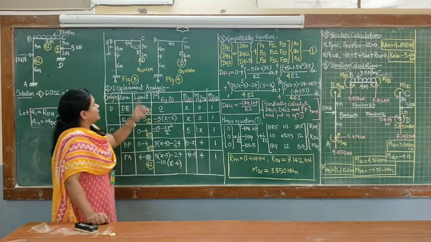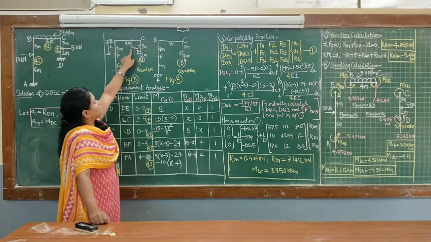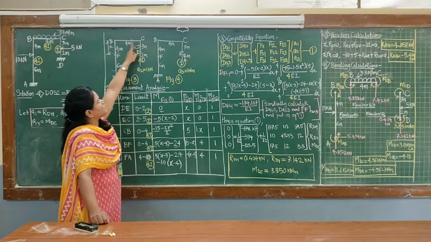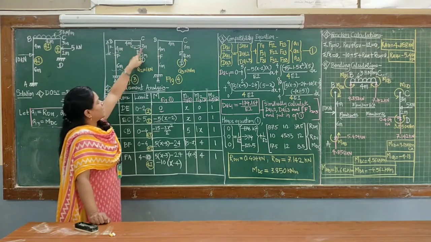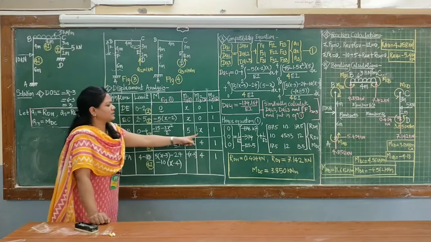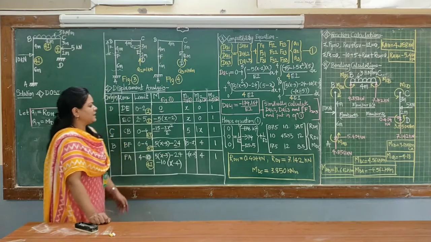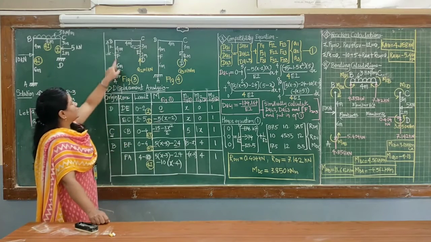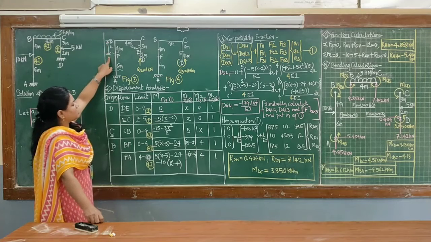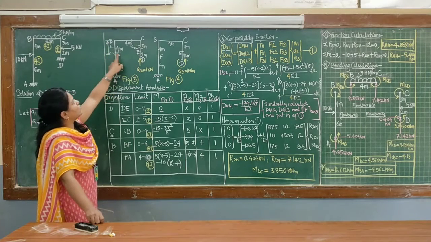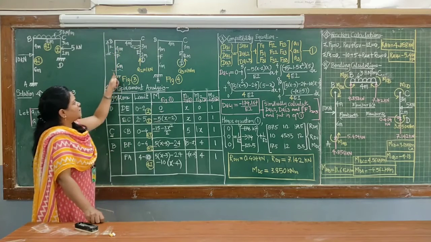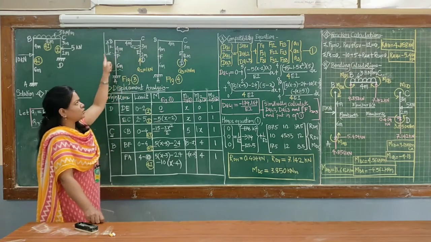Next in the EC zone, section at a distance x from support C. So the moment of this force about this section in anti-clockwise direction is 1 into the perpendicular distance, that is 1 into x, written there, positive. Now section in this BF zone at a distance x measured from B. So the moment of this force about this point acts in anti-clockwise direction, so the moment is positive.